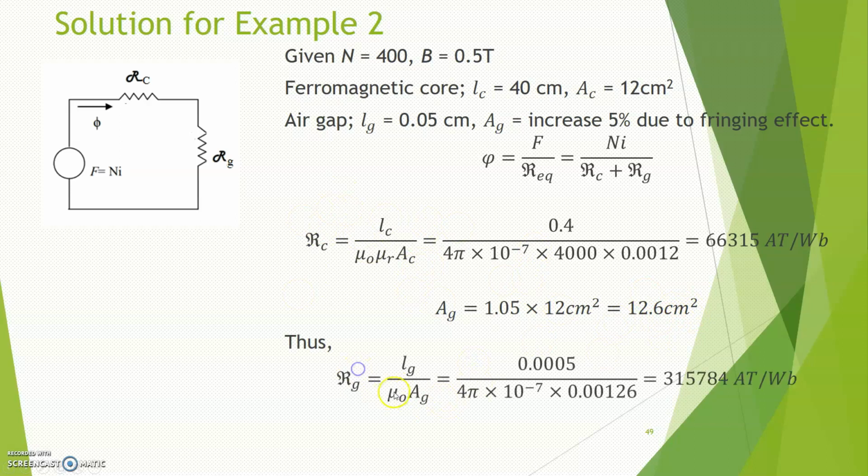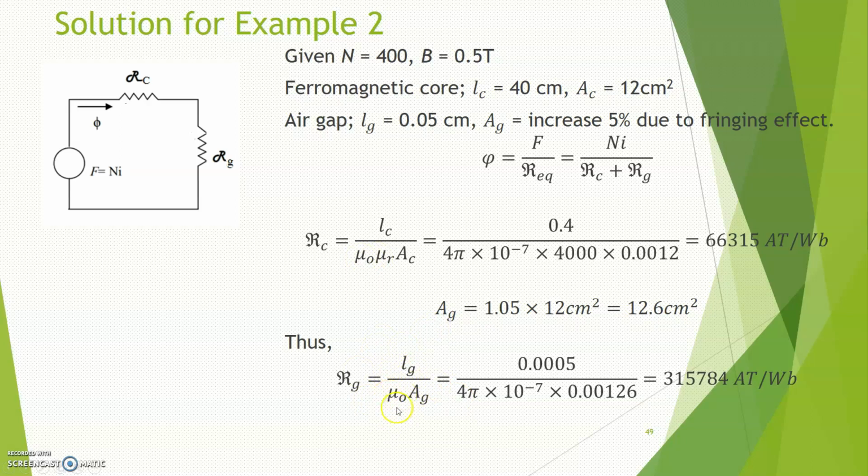So the reluctance of the air gap will be equal to this formula. Substitute accordingly. You have 0.05 cm, which you convert to 0.0005 meter, divided by mu naught. Because it is an air gap, it doesn't have a mu r, so mu r is equal to 1.